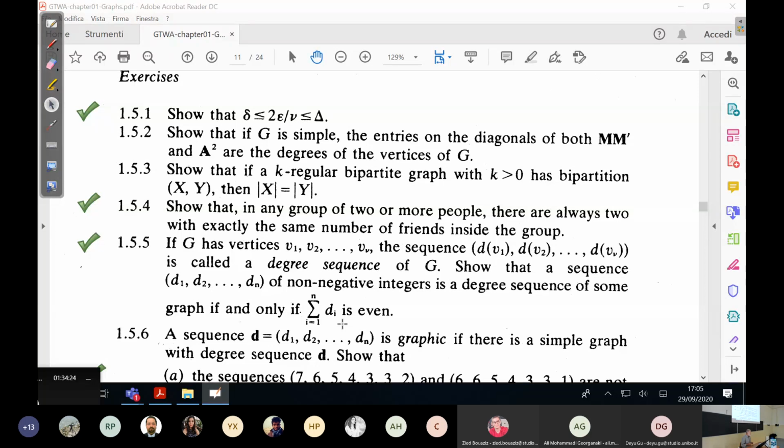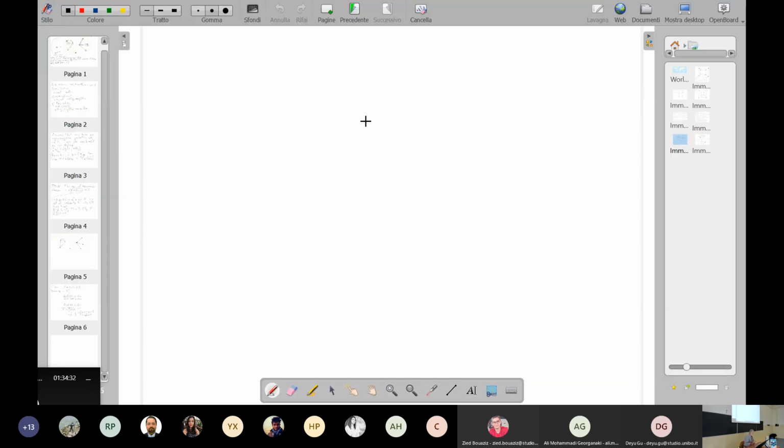In theory, yes, because we... Okay, I give you this sequence. 3, 6, 5, 2, 2, 7, 1.